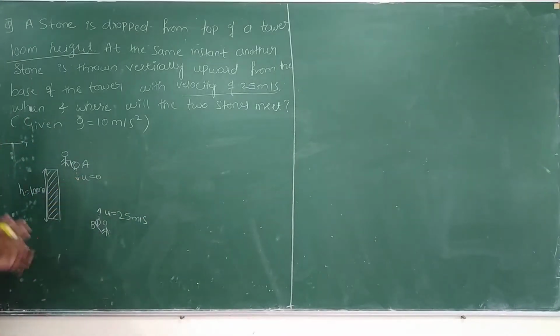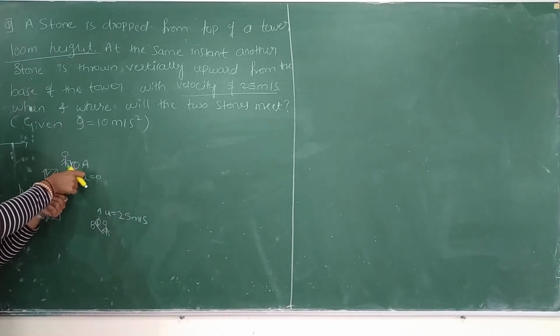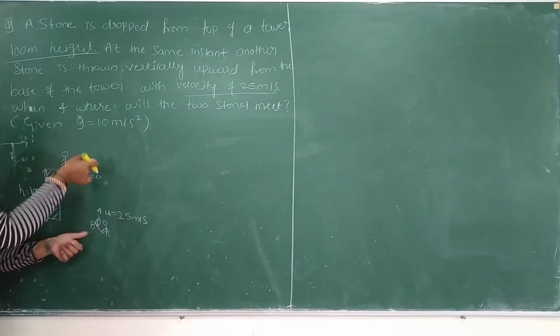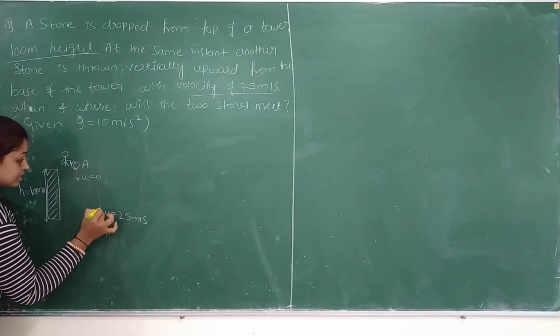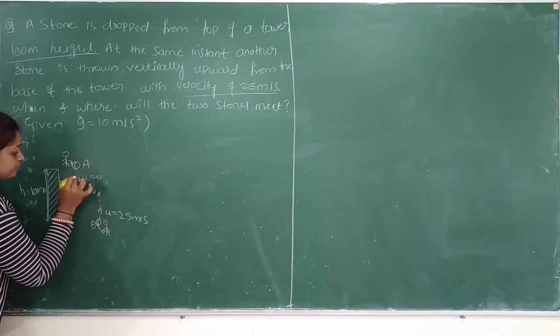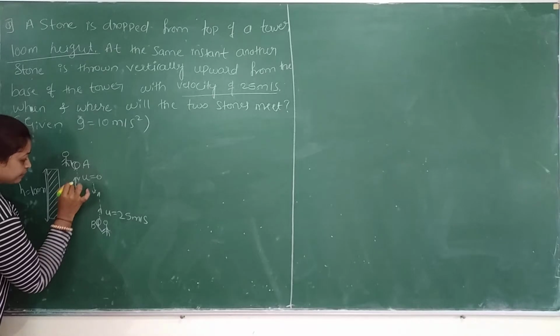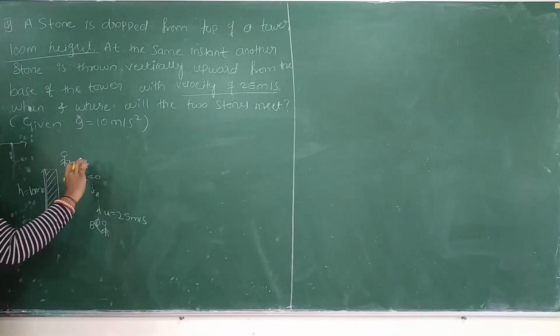So at the same time, both the persons, one is dropping the stone and the other is projecting the stone. They will meet at a certain distance. Let us take it as x. So how much distance is covered by stone A?